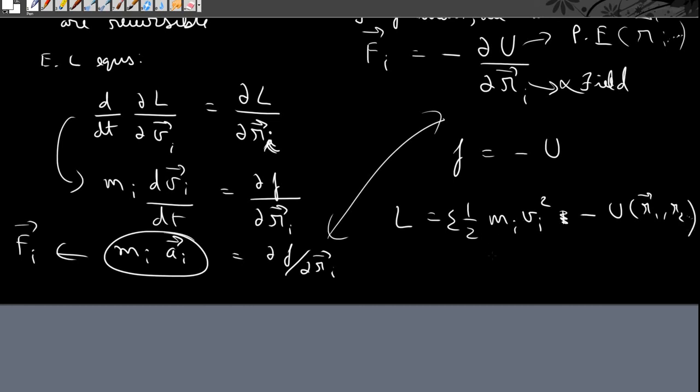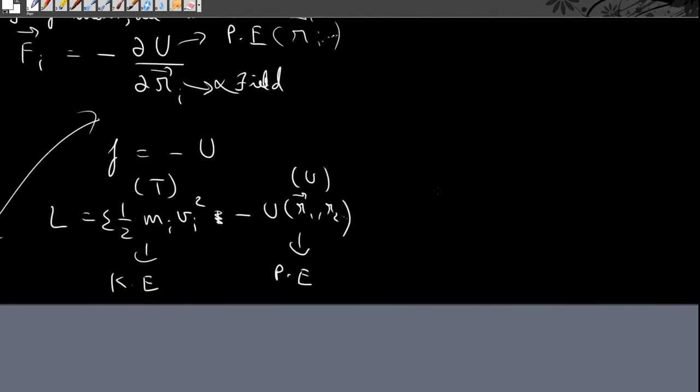Okay, so this is obviously called the kinetic energy term, and this is the potential energy term, and if I denote this by a symbol T and this by a symbol U, we immediately see that the Lagrangian is of the form T minus U. Okay, all right.